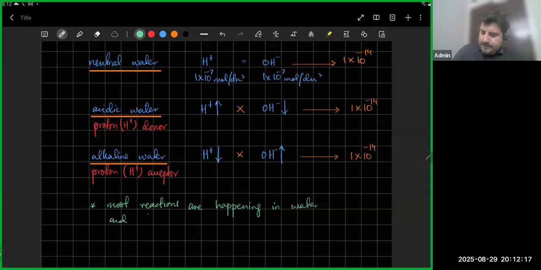And the H plus 1 and OH minus ion concentration, the balance between the two, affects the reactions. So reactions are very sensitive to the pH in which they're happening. Plants are not going to grow if they don't have the right pH. Your stomach is not going to work properly. Your enzymes are not going to work properly if the pH is not right. So reactions are very sensitive to pH.